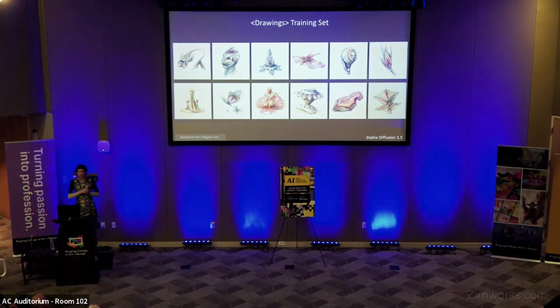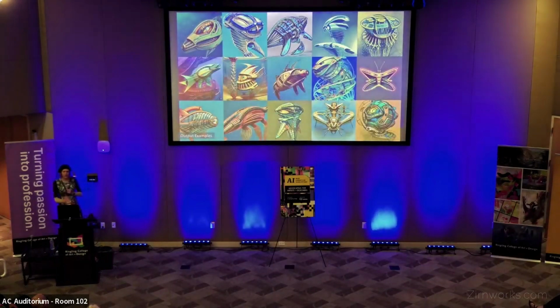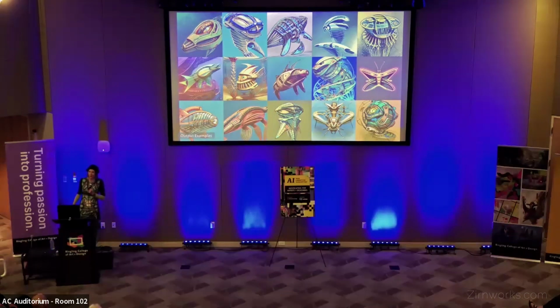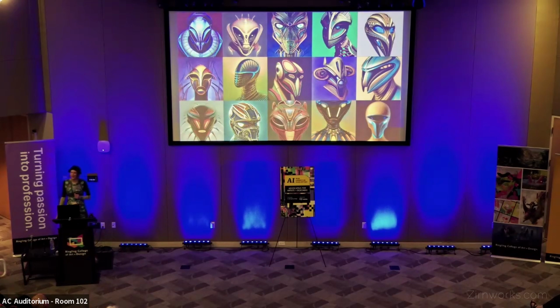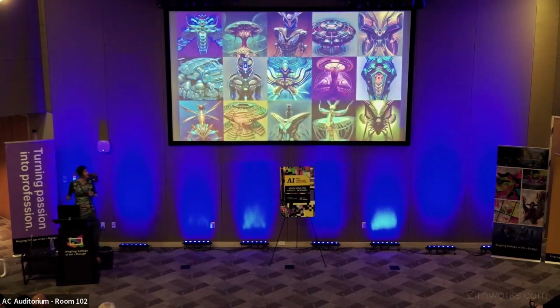So here's some pen drawings that I had made, and look how well 1.5 was able to capture the overall essence of that form language. I mean, these all look like something that could have come out of my sketchbook, and I really don't know how I would have prompted to get those. I've tried, and so it's really exciting. At least it's very exciting if you're interested in building a world where you want to have lots and lots of elements that all look like they're from the same kind of thing.